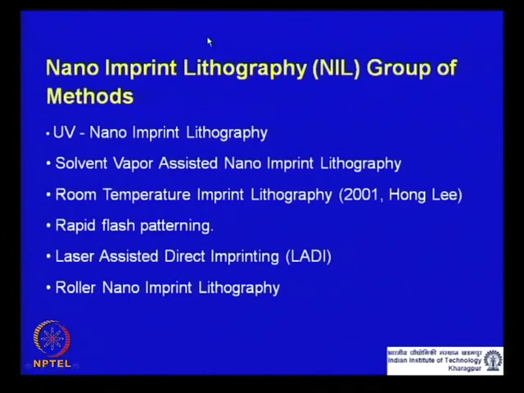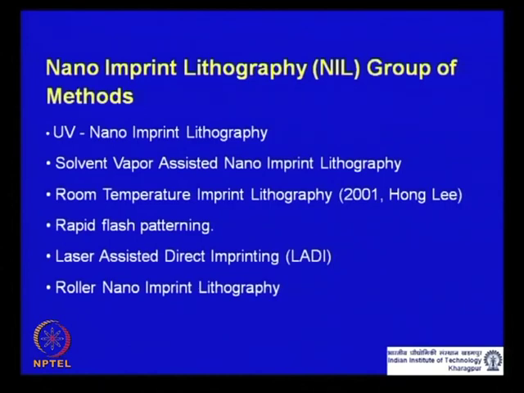Now, this is nano imprint lithography in its most classical form, but there are quite a few techniques which have been developed or derived from the classical nano imprint lithography after its invention by Stephen Chow in 1995, which address some of the critical issues or problems of NIL in some form or the other.